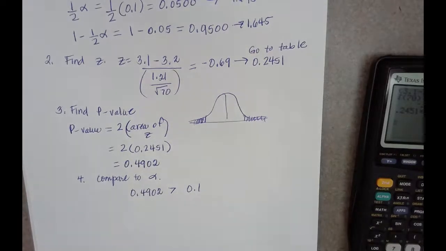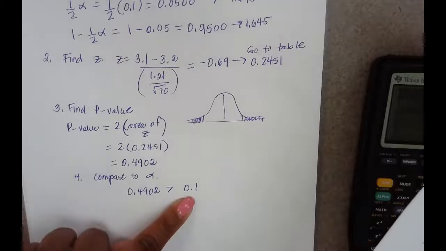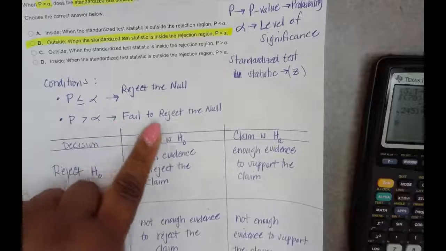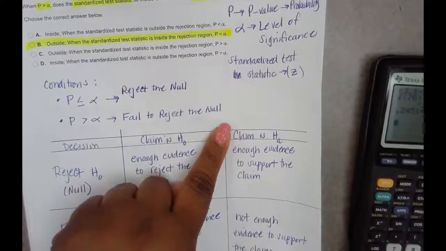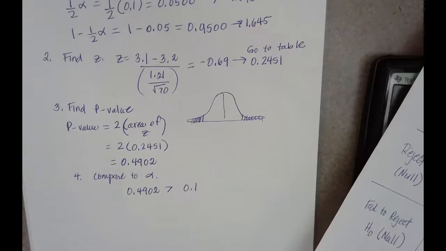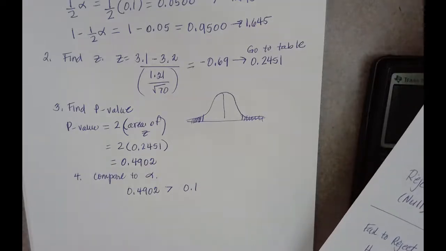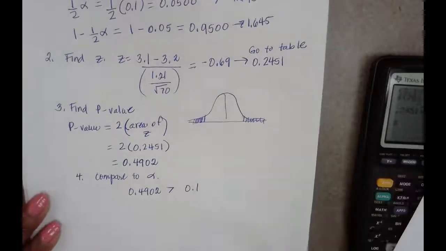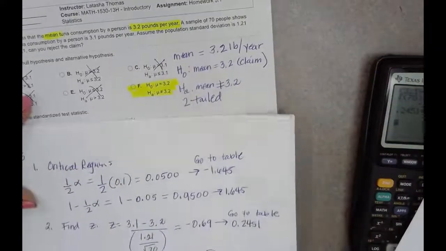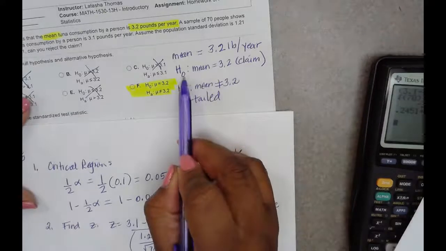What does that mean for us? Let's go to our conditions. When p is greater than the level of significance, that's the first condition. What do we do? We fail to reject the null. But the second thing is, where is the claim? In this problem, our claim lived here in H null.